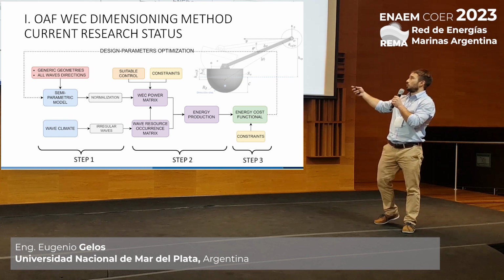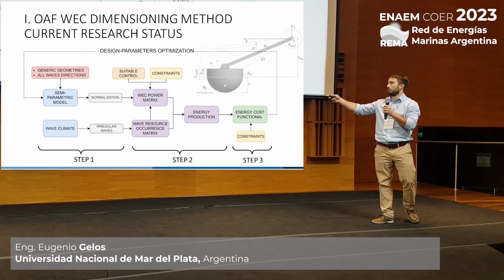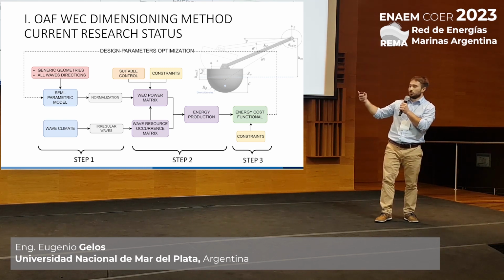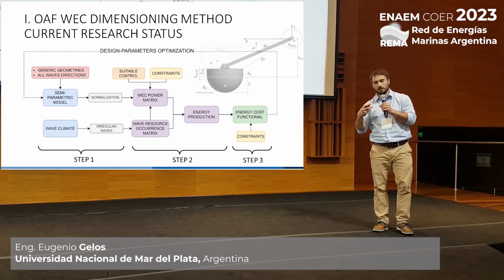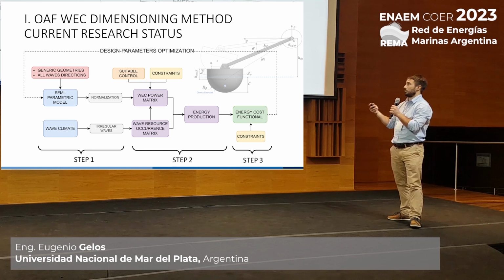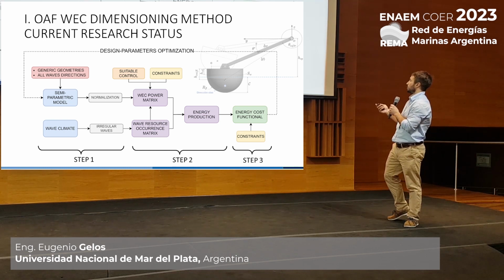Also, we normalize the semi-parametric model in order to enhance its versatility. Then, in step 2, we consider irregular waves and also a suitable control, as well as the WEC's relevant constraints in order to calculate the WEC's power matrix.